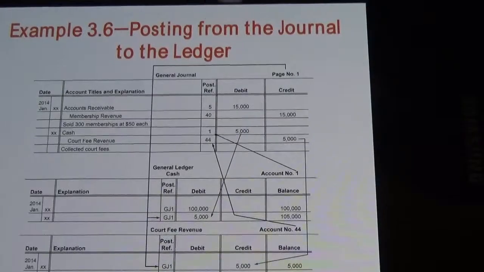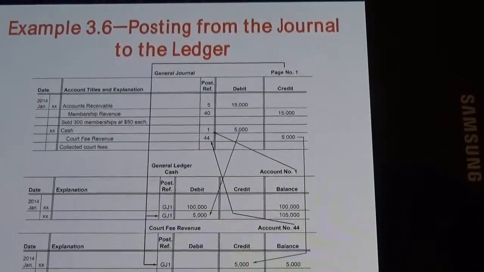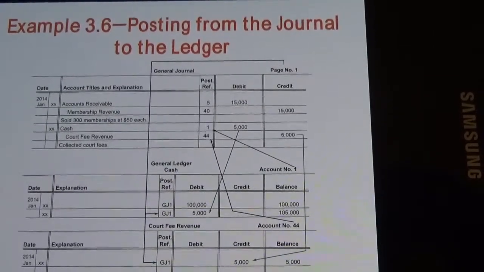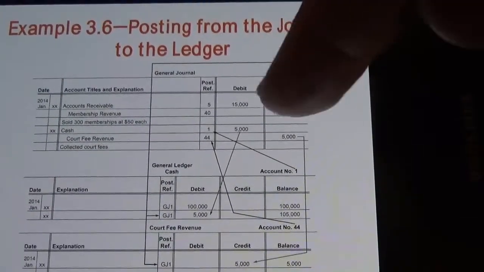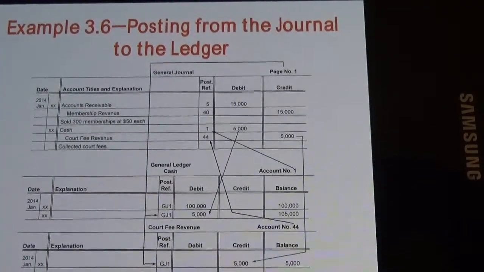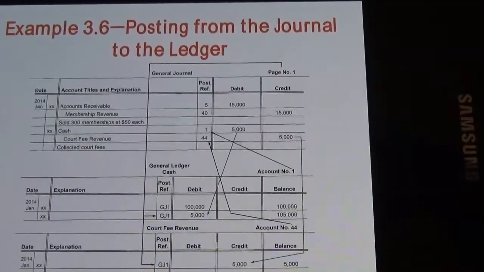In the journal then, we use the posting reference column to show that we did post the entry to the general ledger account. The one posted in the posting reference column for the cash shows that we did take that $5,000 and post it as a debit in the cash account, which is account number 1 on our chart of accounts.